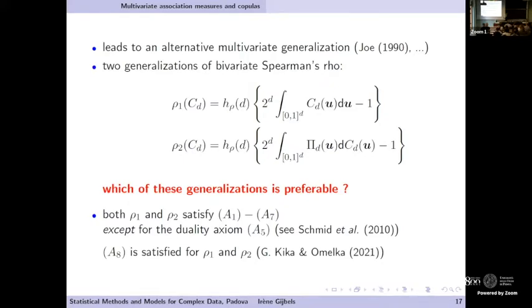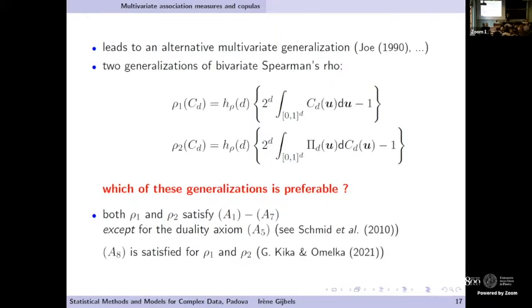When I saw this for the first time, I thought, okay, I have two measures for something. What should I choose? And so we started looking into these desirable properties, and some of the things were there in the literature.